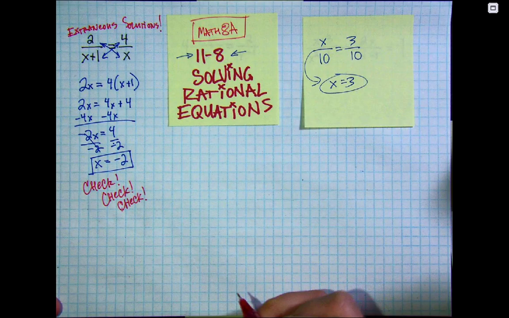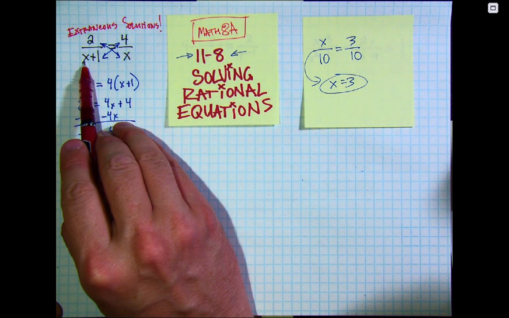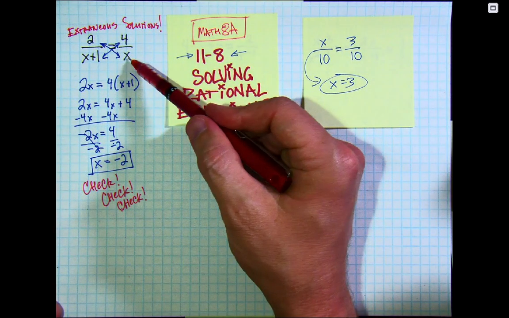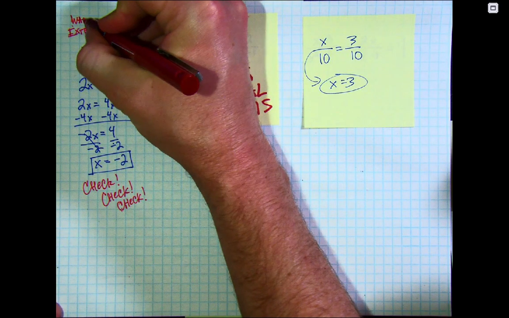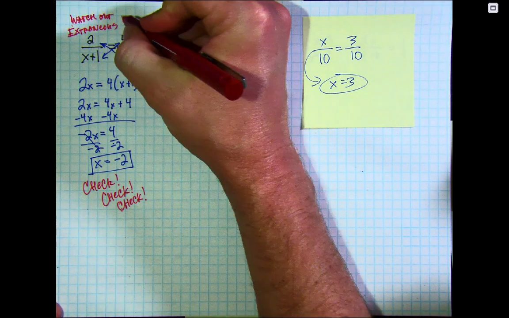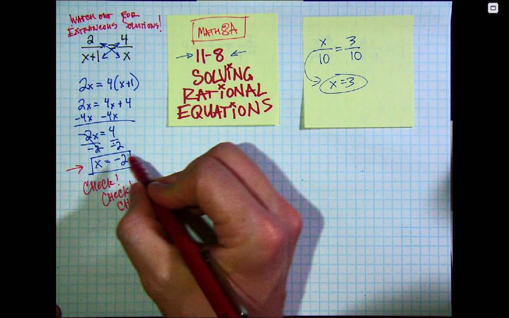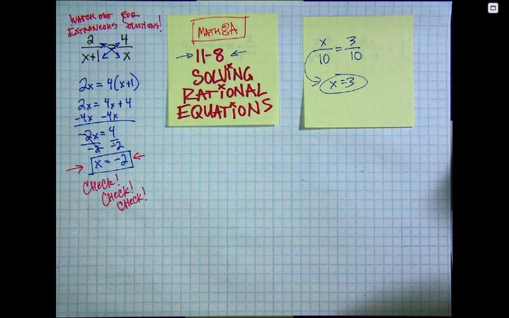Meaning, if we had done all this work and got x equals -1, x can't equal -1. Or if we had gotten x equals 0, nope, x can't equal 0. So watch out for extraneous solutions. In this case, is x equals -2 extraneous? No, x can equal -2. That's perfectly legal. And so we are done with this problem. But you do want to make sure that you check whenever necessary.